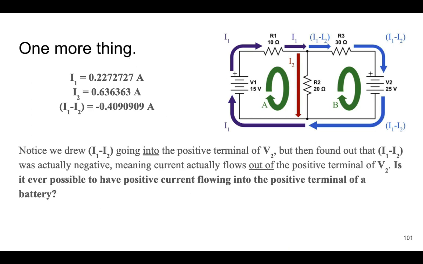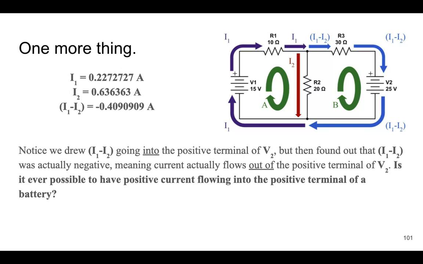So when we did this, we ended up with I1 minus I2 is negative, which means this guess was wrong. So the current isn't flowing into battery V2. It's not flowing into the positive terminal of battery V2. It's actually flowing out of there. So the question is, is it ever possible to have a positive current flowing into the positive terminal of a battery?